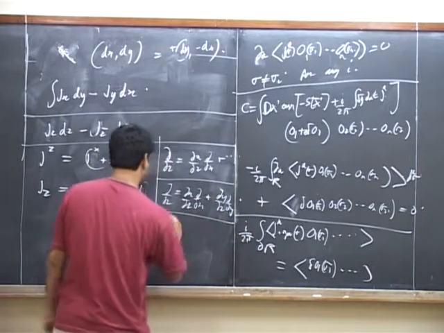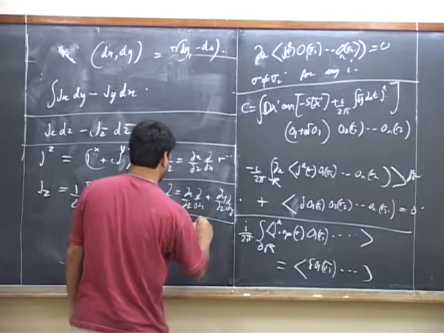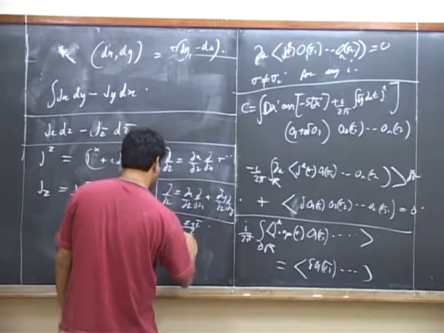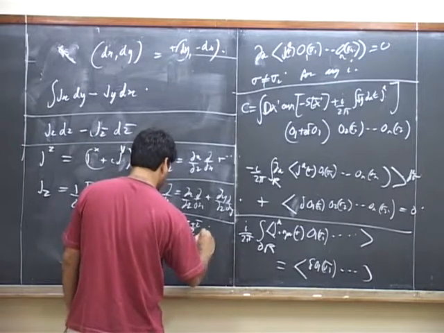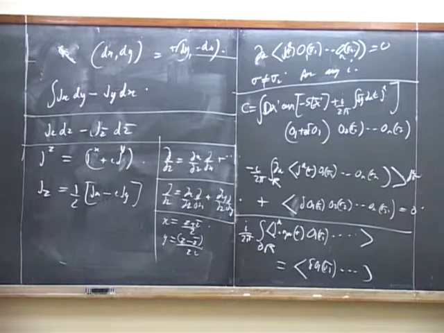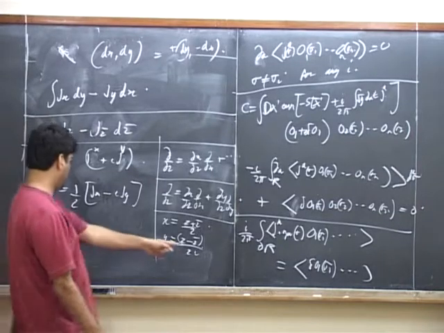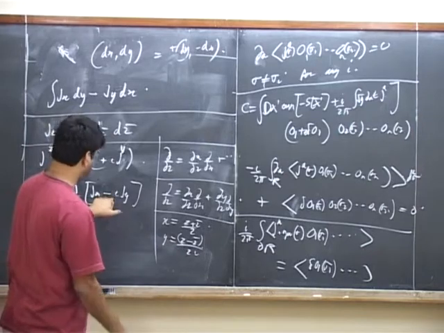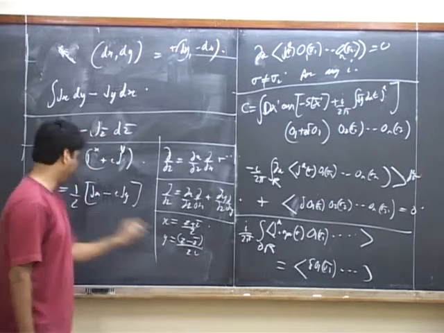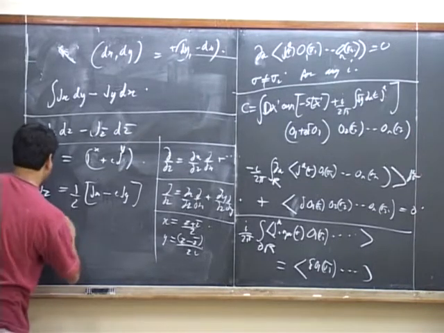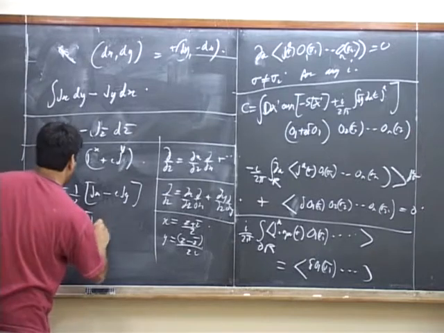Now x is equal to (z plus z bar)/2, but y is equal to (z minus z bar)/2i. So j_z will have a 1/i and therefore a minus i. Thank you. So this is what j_z is, and j_z bar is half of jx plus ijy.